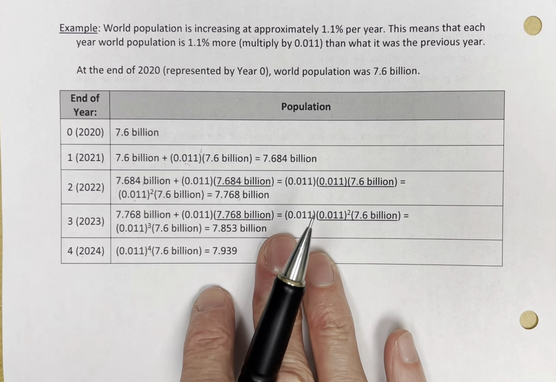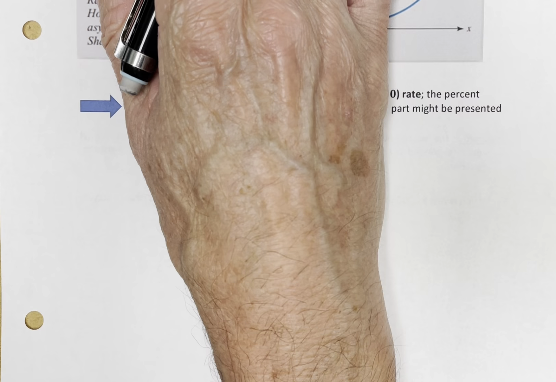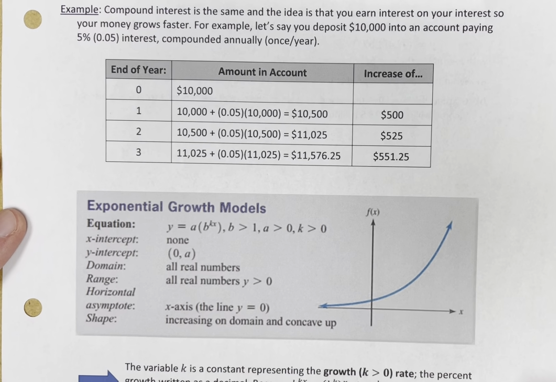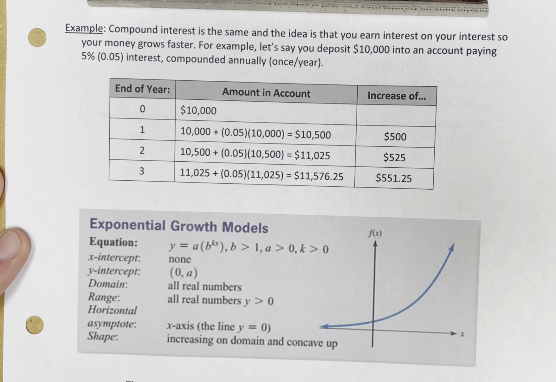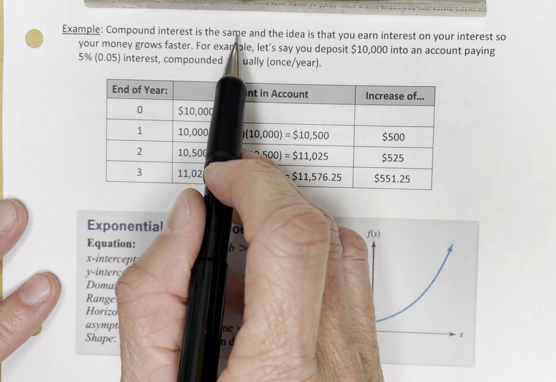Okay, let's take a look at a money example. I'm going to show you a slightly different way to look at how this growth takes place. Compound interest is the same idea.